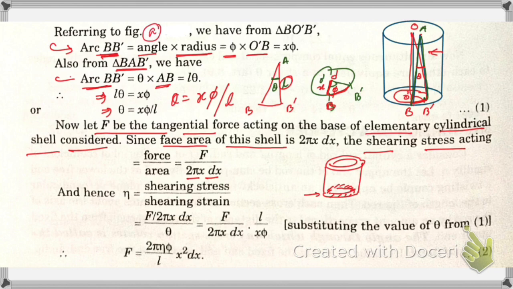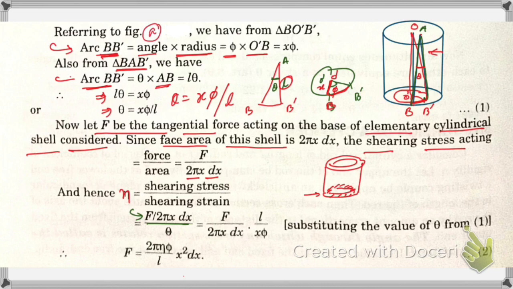Now eta is shearing stress by shearing strain, which will be given by F by 2 pi x dx divided by theta.